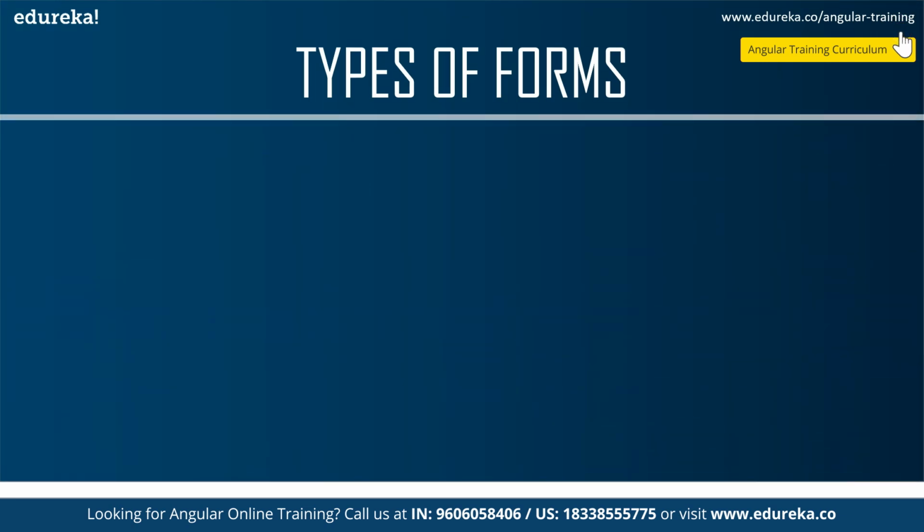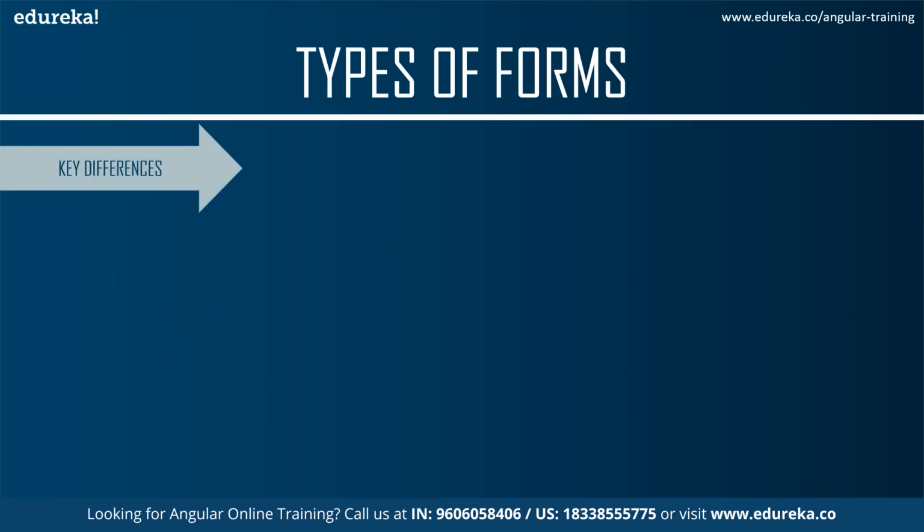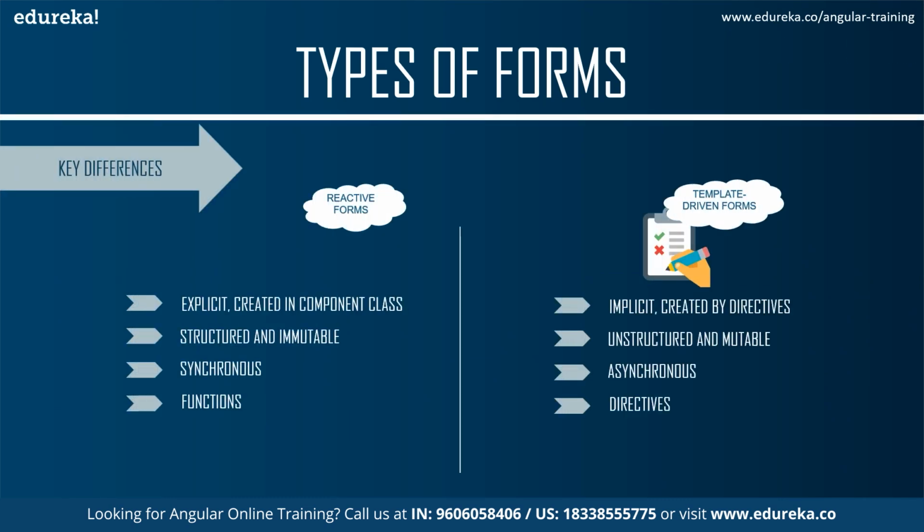Now let's see the key differences between each of them. In reactive forms, it's mostly explicit and it is created by our component class, while template-driven forms are mostly implicit and directives are used to create them. Next, reactive forms are mostly structured and immutable, while template-driven forms are unstructured and mutable.